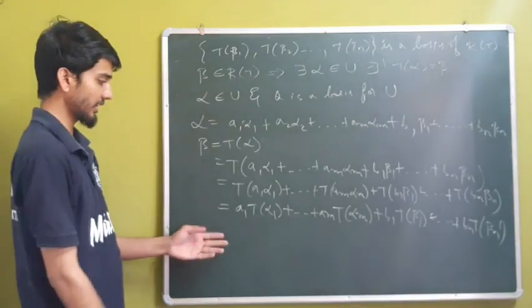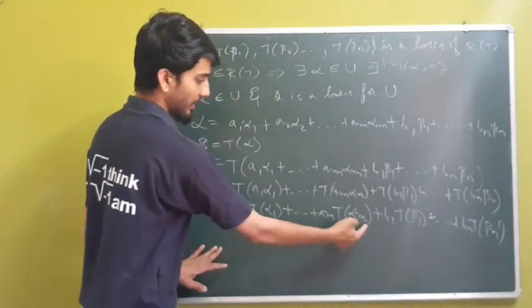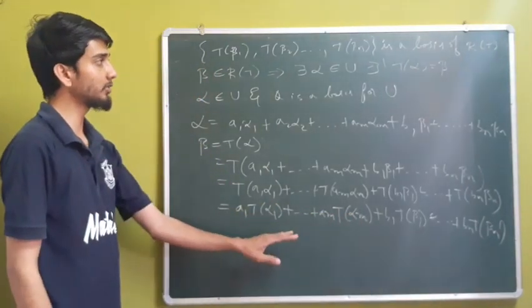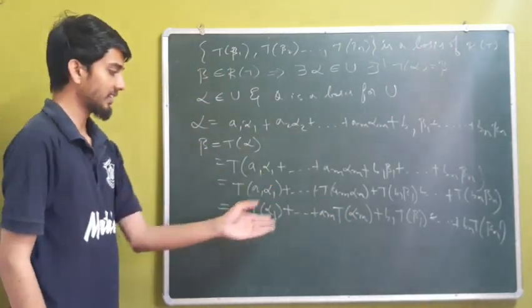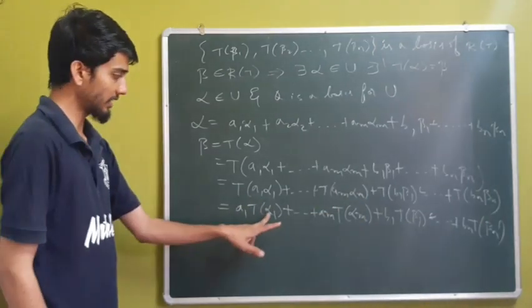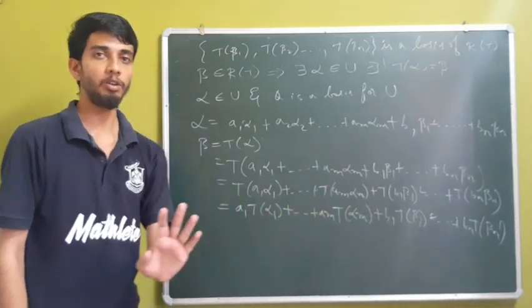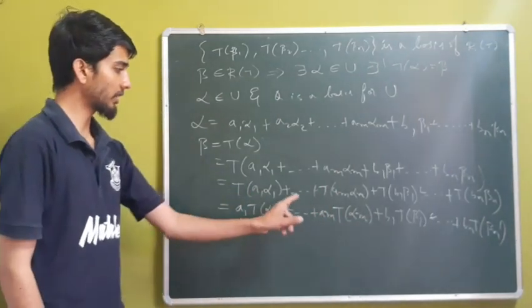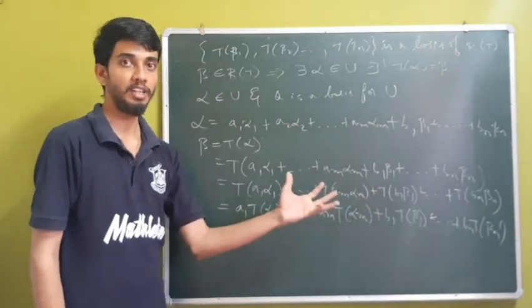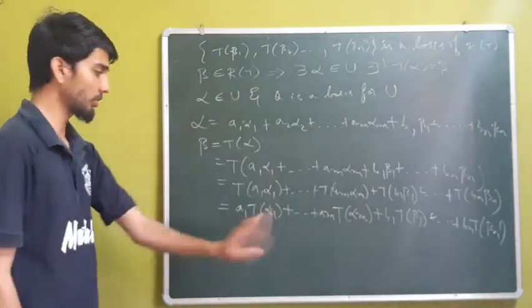And you know that since alpha 1, alpha 2 and so on up to alpha m form a basis for the null space, T of all of them is equal to 0.